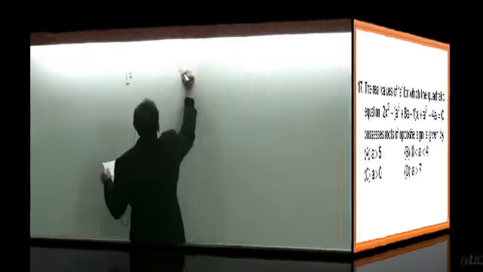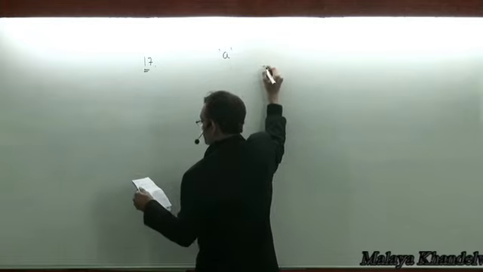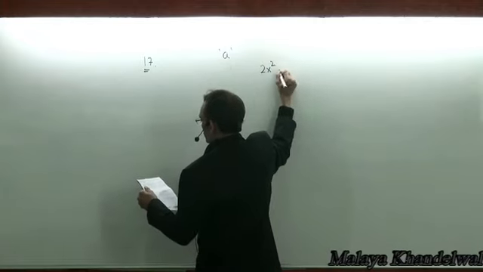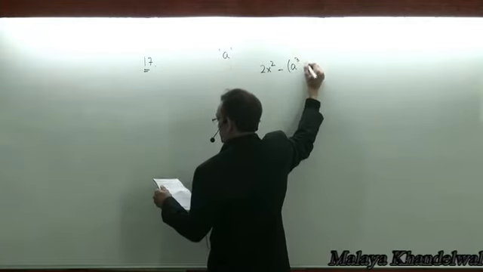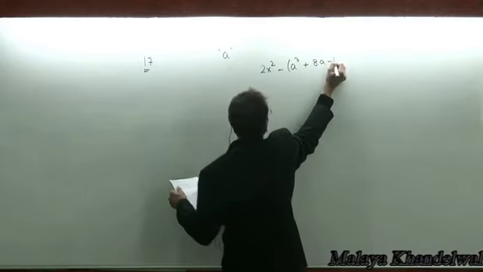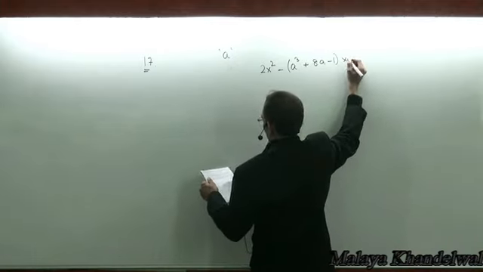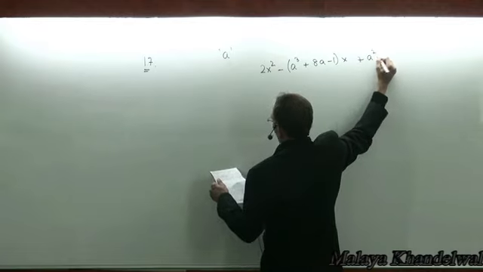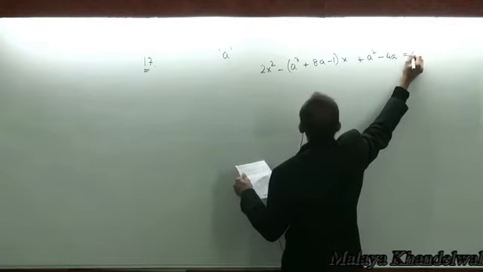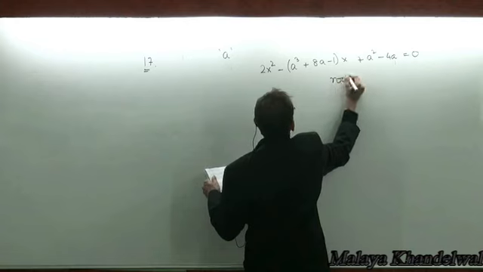We want to find the real values of a, for which the quadratic 2x squared minus a cube plus 8a minus 1 into x plus a squared minus 4a equal to 0 has roots of opposite sign.